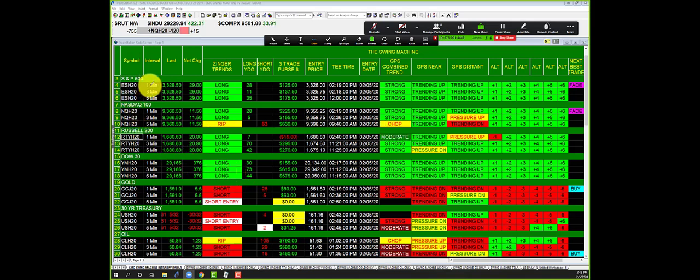Swing Machine is now set up with 1 minute, 3 minute, 5 minute intervals, all the way down for the 6 markets. At a later date, when it's on your equipment, you might set them alternatively, but the technique is the same.